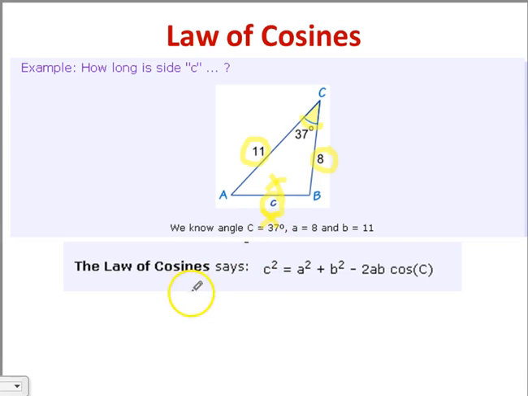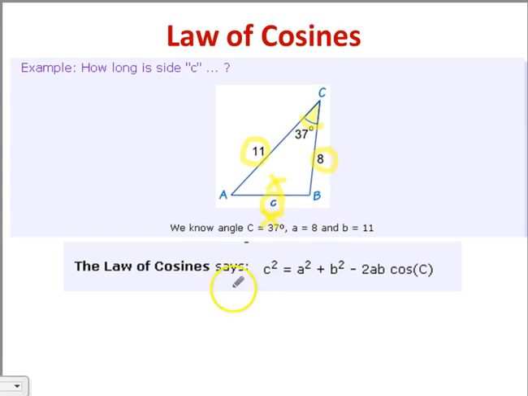So we're going to use the law of cosines. The law of cosines says side c squared equals a squared plus b squared minus 2ab times cosine c. Let's plug everything in there. And remember, you'll have good practice and even more lessons to go over this week.